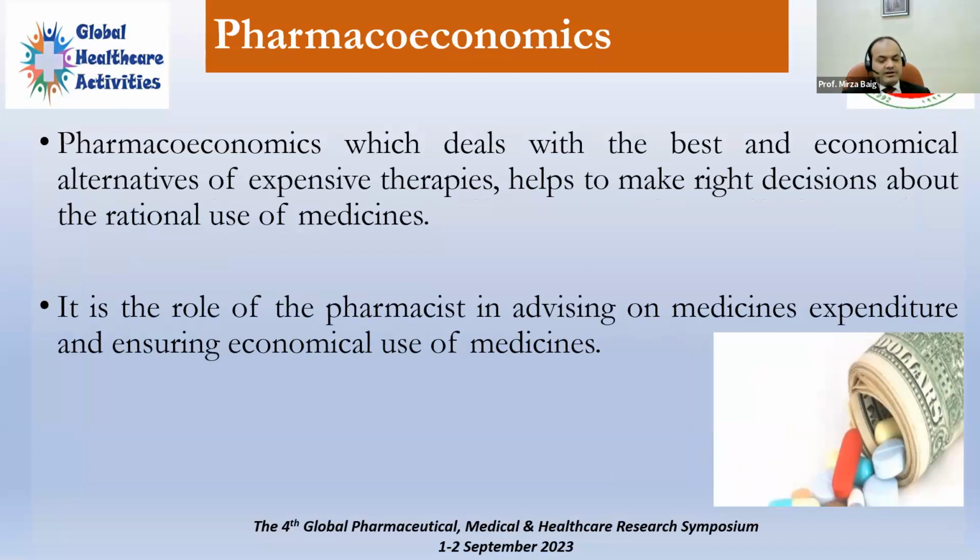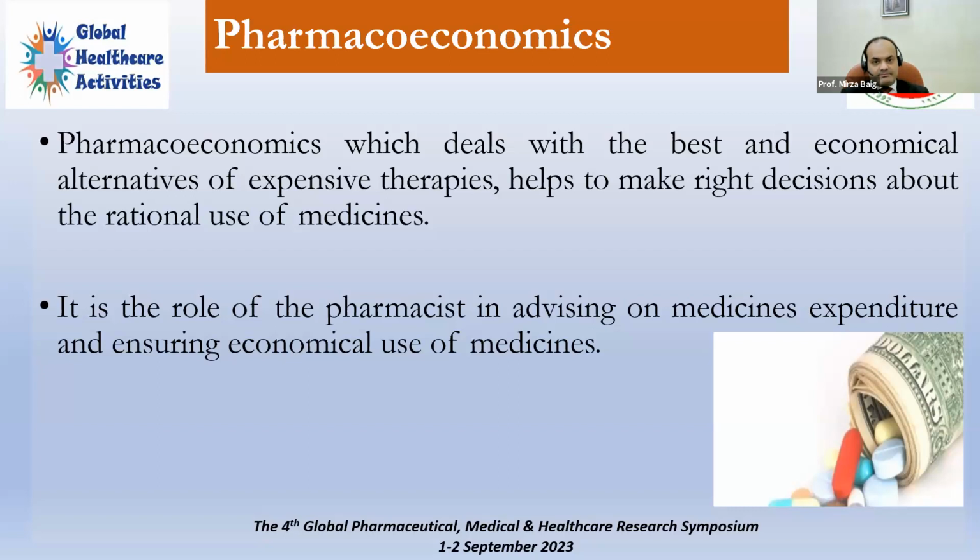Because sometimes when we are comparing two different medications, for short-term use we feel that, okay, drug A is the most economical. But when you see the long-term course of the treatment of those diseases, there might be exacerbation, rehospitalization, or some emergency, which increases the overall cost. So we need to see all possible areas and ensure the economical use of the medicine.